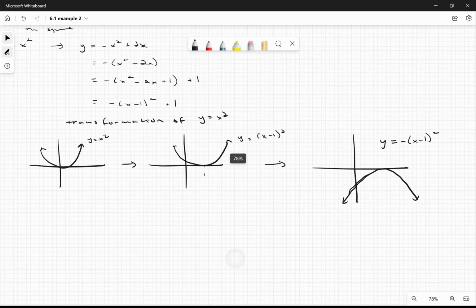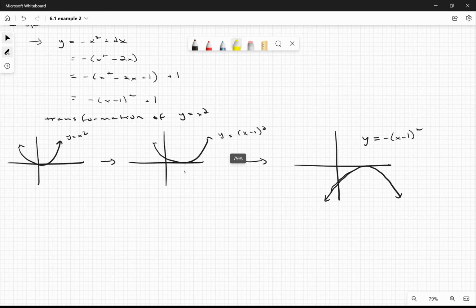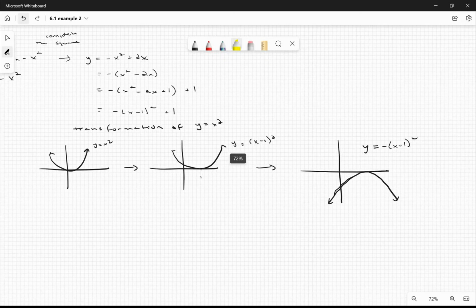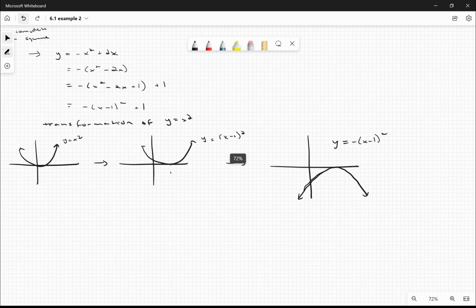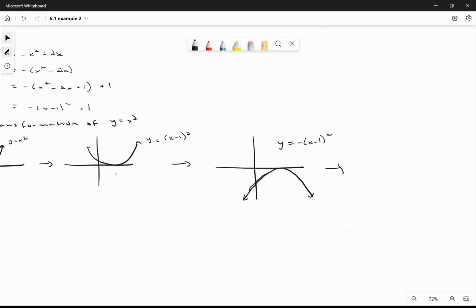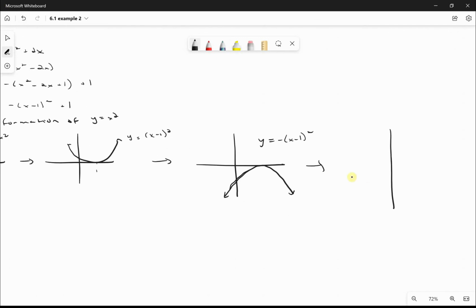And then the last thing is we have this plus 1 here. So we're just going to shift this graph up 1 unit, right? And that gives us the curve looking like this. Now we see that it is going to go through the origin here, right?